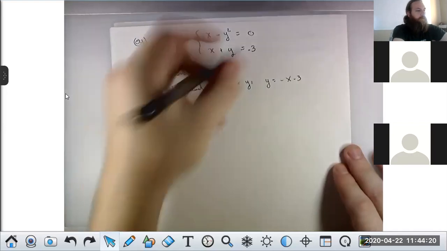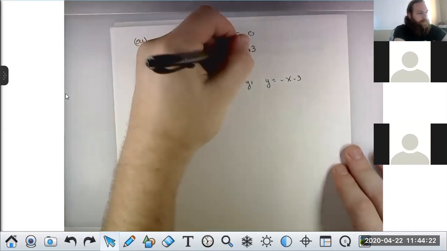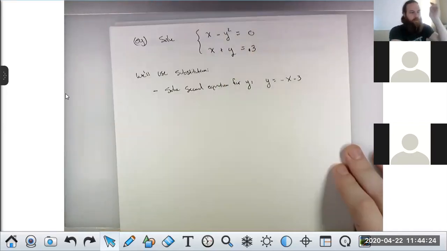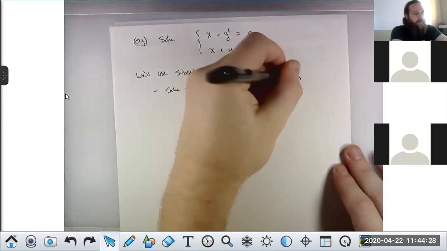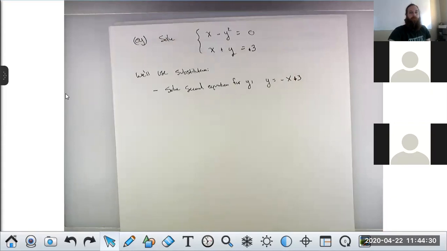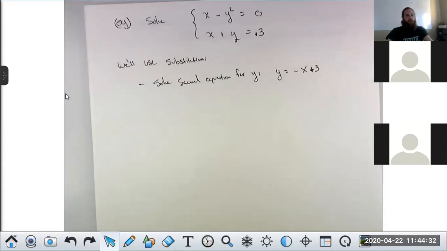Sorry. Do me a favor, come back to this step. Change the right-hand side of that second equation to plus 3. That will change this to a plus 3. It'll be a better problem this way.